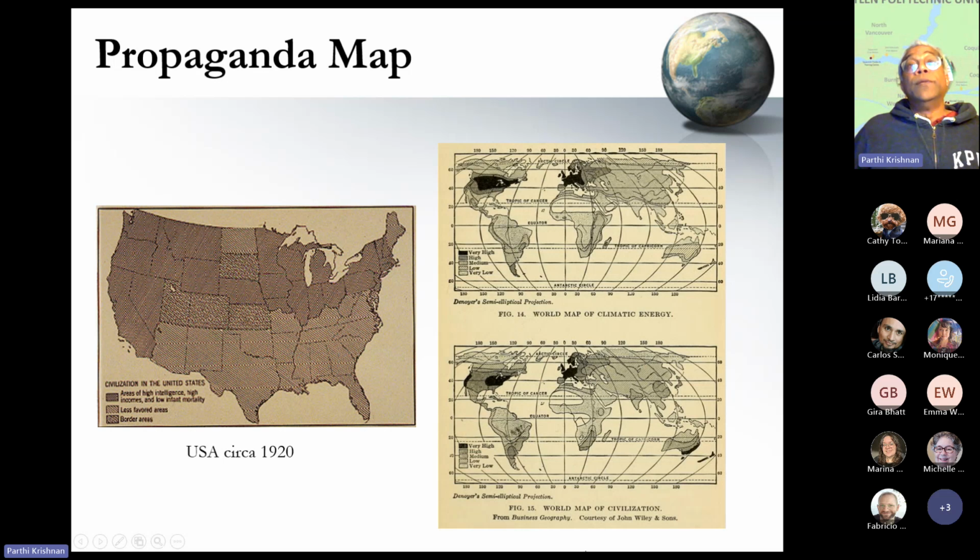So these two maps on the right were used by Ellsworth Huntington, who was a geographer, to link environmental and racial discrimination. Look at the areas of very high climatic energy in relation to areas of very high civilization.